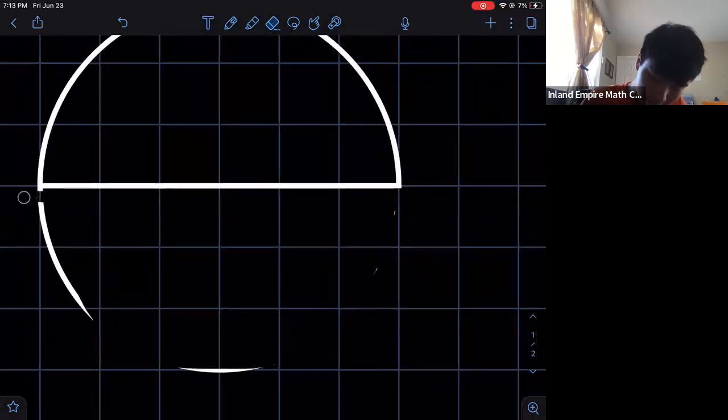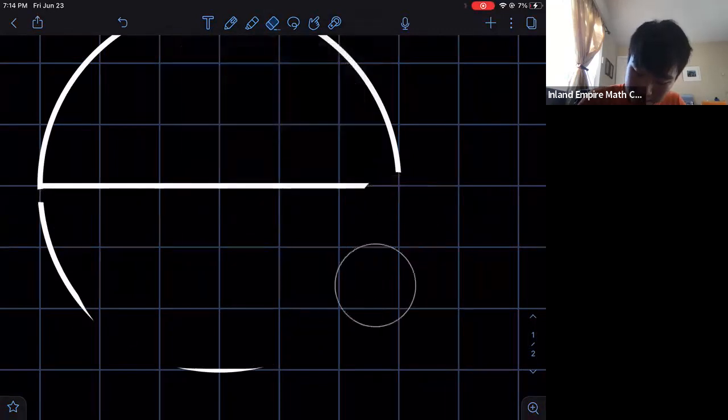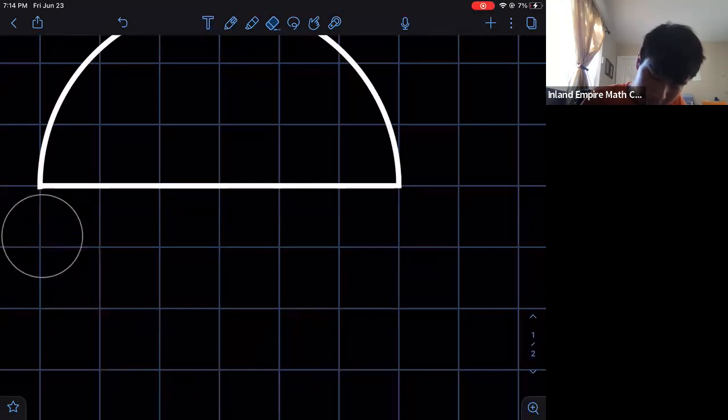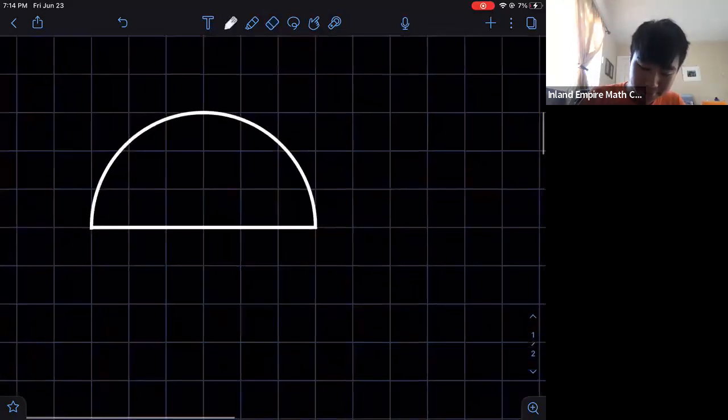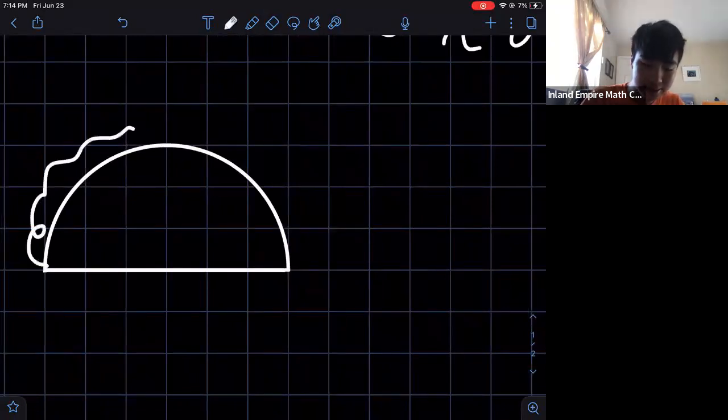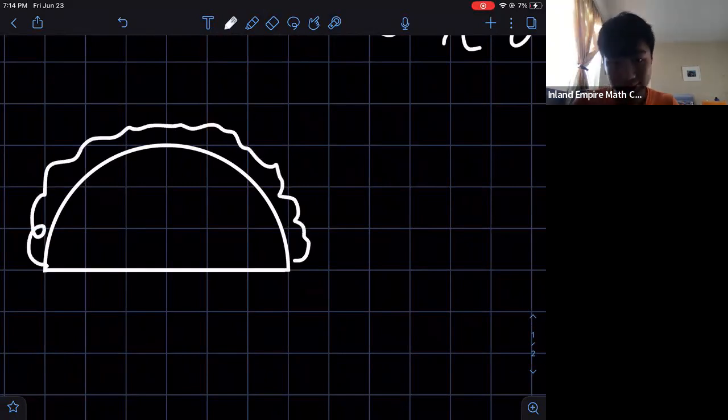And then if we erase all of this other part of the circle, just leaving us with a semicircle, like this, then what is this length right here? So if someone was walking along this top like that, how long would they have to walk?